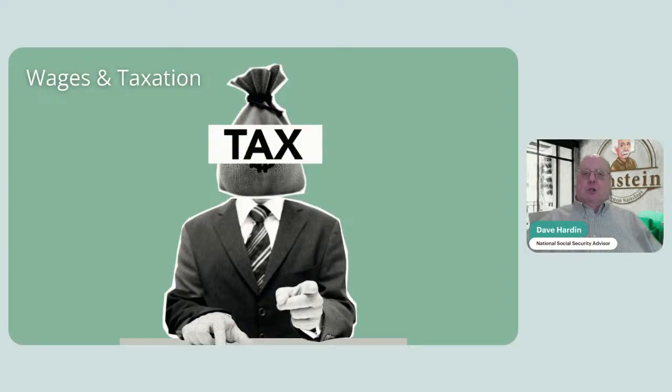President Roosevelt actually wrote the bill and then signed it into law after it was passed. But he wrote the bill so that the income was tax free. Social Security income was never supposed to be taxable. Now, why not, Dave? Well, because you already paid tax on it.